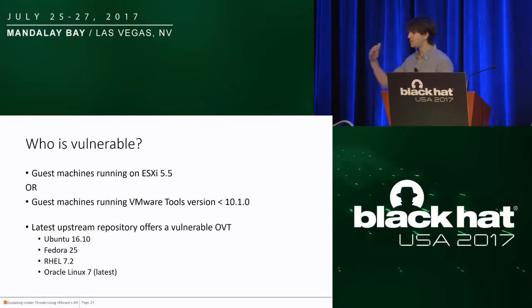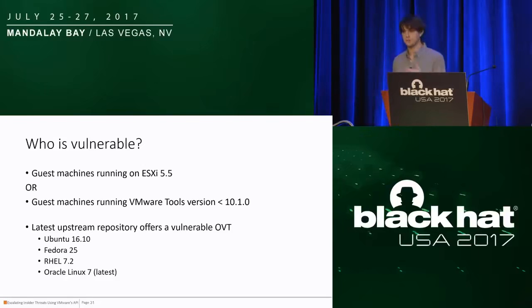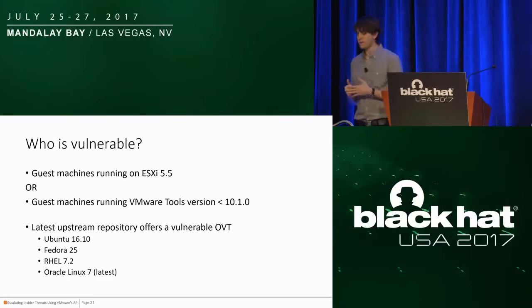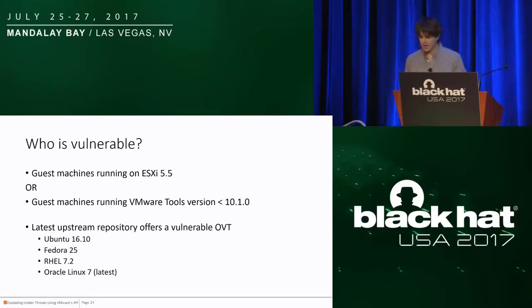Now, when installing VMtools on a Linux virtual machine, VMware suggests to use OpenVMtools from the distribution's upstream repository. However, the OpenVMtools version in different distributions is prior to 10.1.